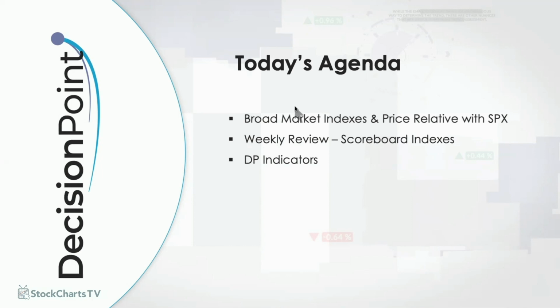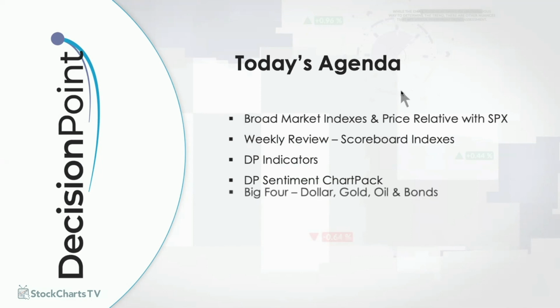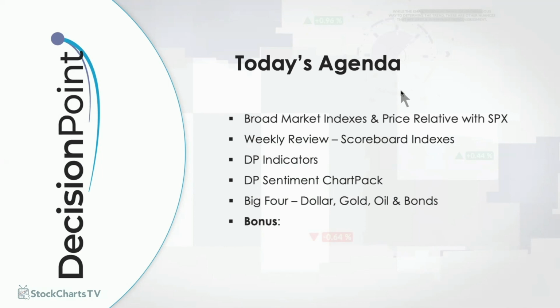The DP indicators, of course, we'll go through in 3 time frames. DP Sentiment ChartPack, I want to show you how you can get my sentiment charts that I do on MarketWatchers every Monday. And then Carl will be going over the big 4, dollar, gold, oil, and bonds, the daily and weeklies. And then bonus is always Carl's grab bag. So interested to see what you're going to have to show everybody this week.